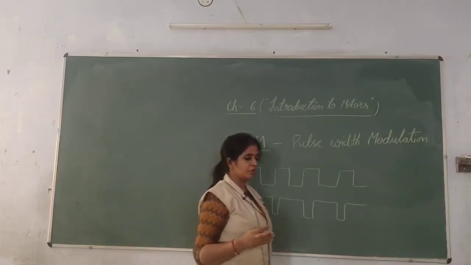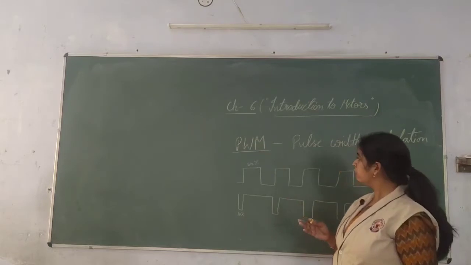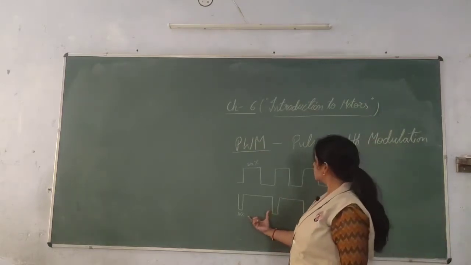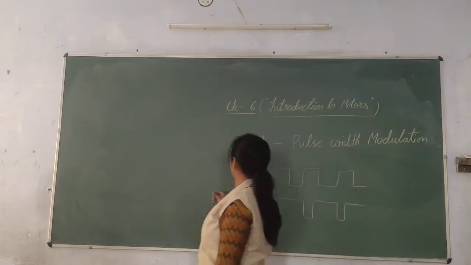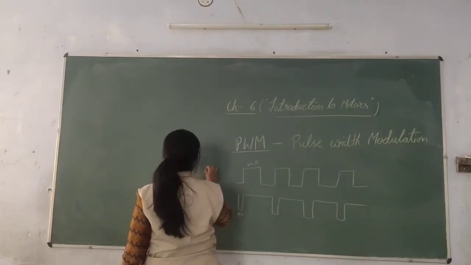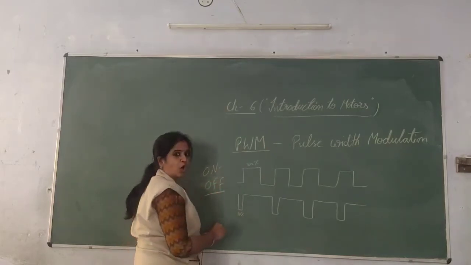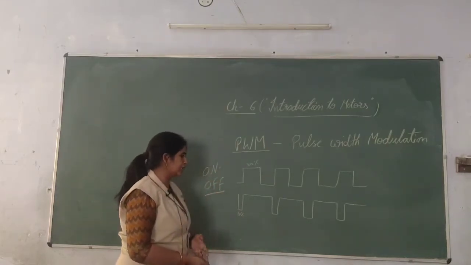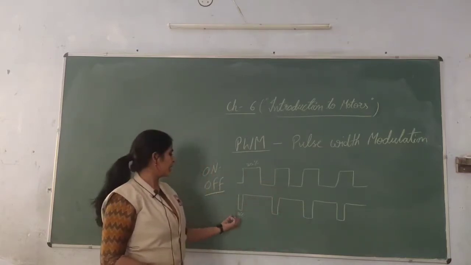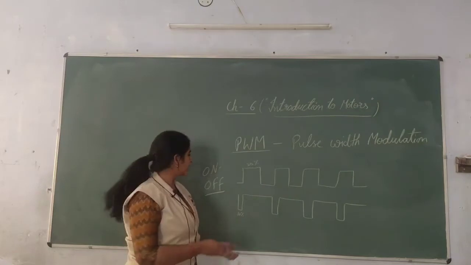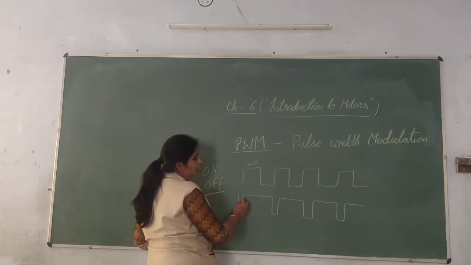As you know, DC motor works on direct current. Okay, when we increase the pulse width, it means when we increase the timing of on and off, switch off timing will increase, then the speed of the DC motor can be reduced. Okay, that is the off timing and that is the on timing.